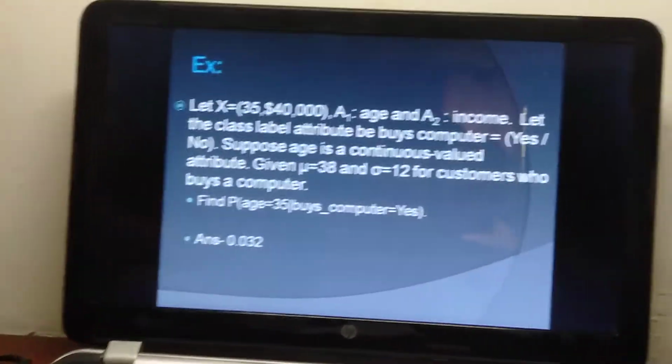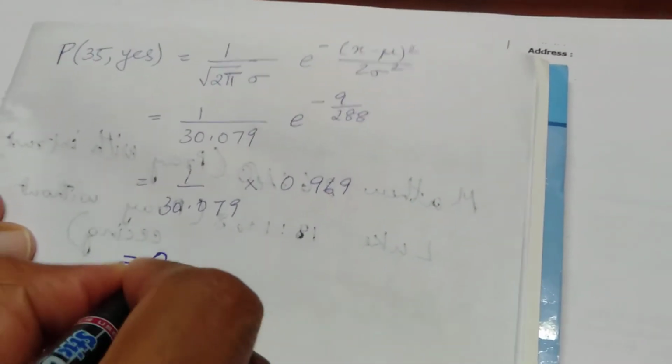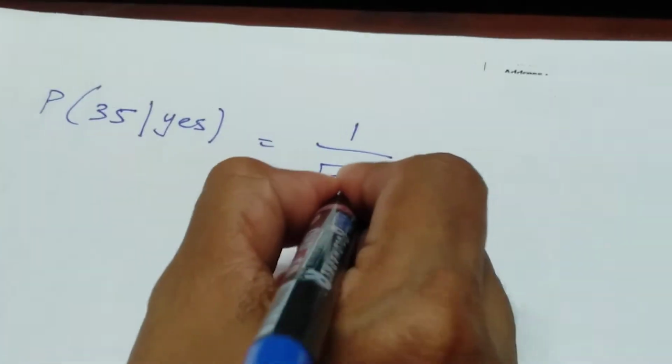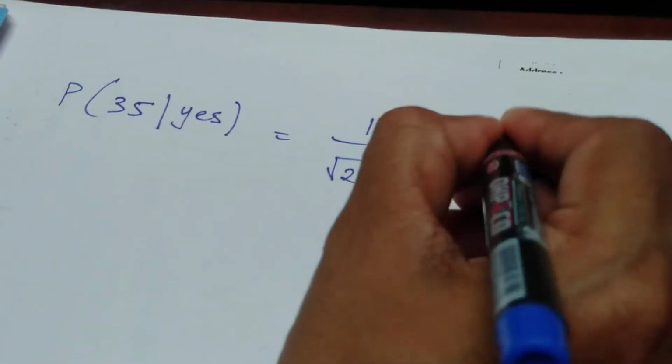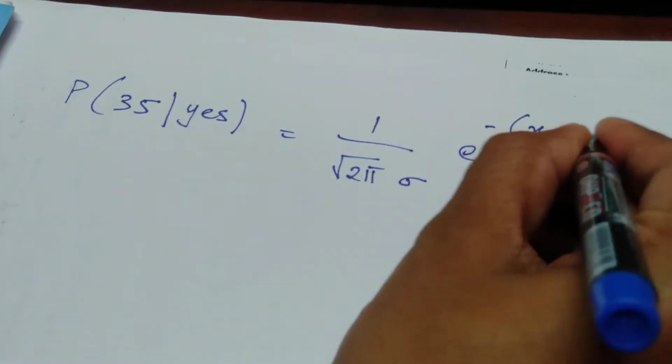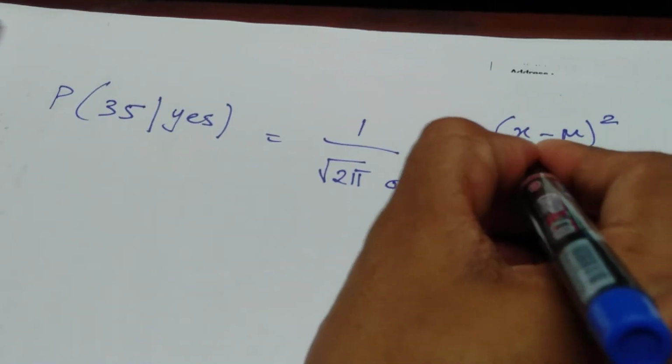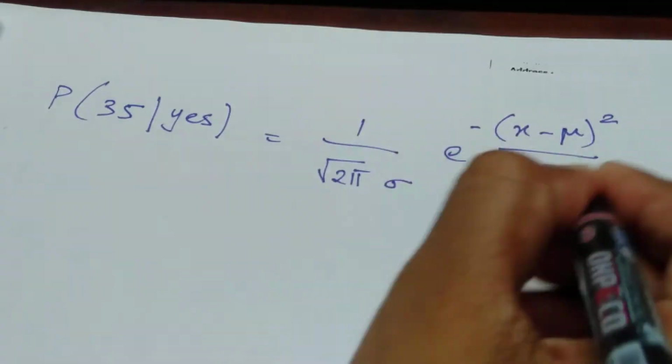Okay, this is how the calculation is done. So this is what you have to do: P of 35 given yes. All I am doing is substituting into the Gaussian distribution function, e raised to minus x minus mu the whole squared divided by 2 sigma squared.